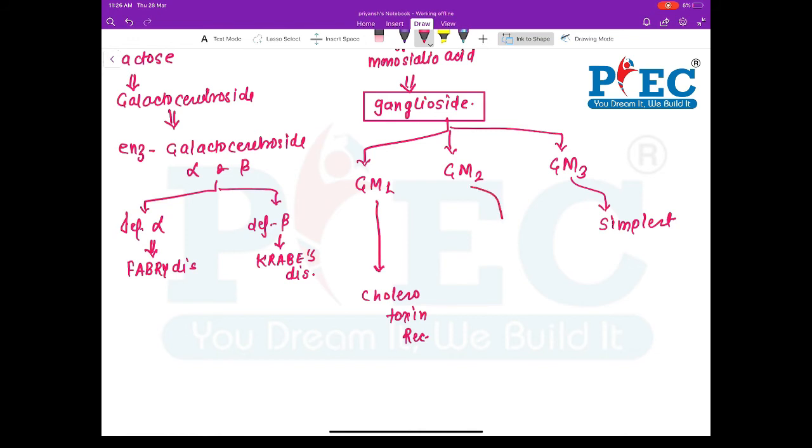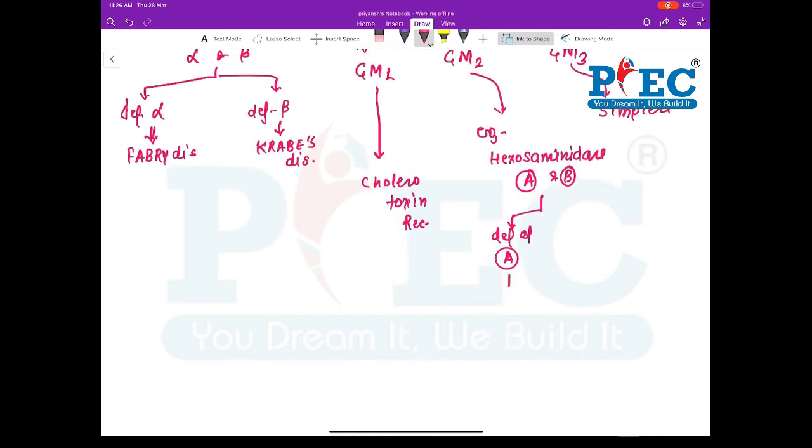GM2 is digested by an enzyme called hexosaminidase A and B. If there is deficiency of A, it is called Tay-Sachs disease. If there is deficiency of A and B both, it is called Sandhoff disease.